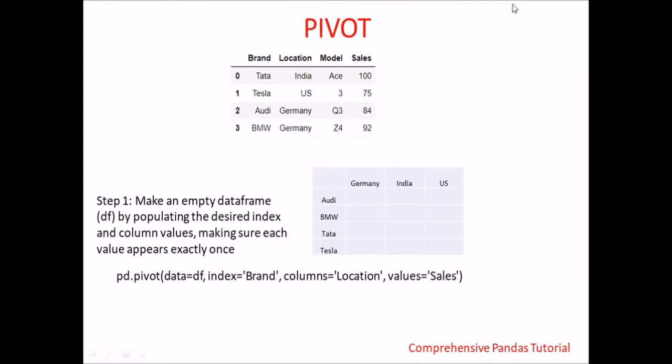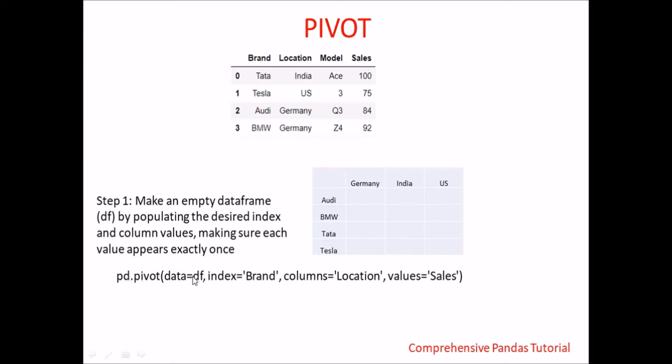Now, for example, if I have this small data frame which has 4 columns of brand, location, model and sales. What if I want to pivot this data frame into a form where I have all the brands as my index levels and all my locations as my column levels? So I can easily do that by calling pandas. This pd stands for pandas, so I'll say pandas.pivot.